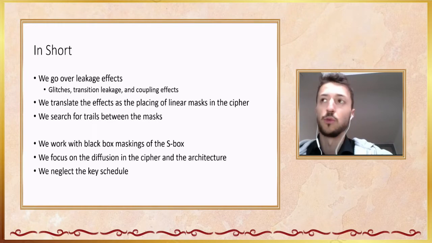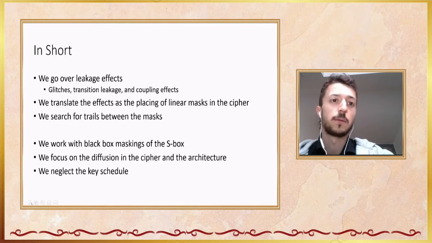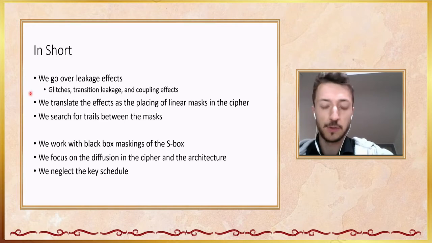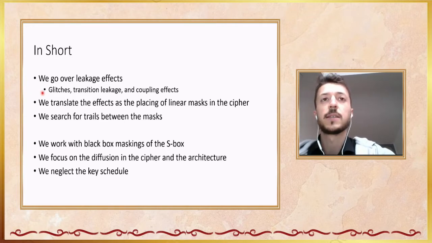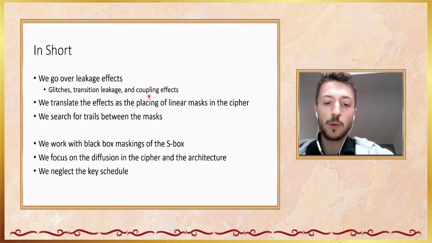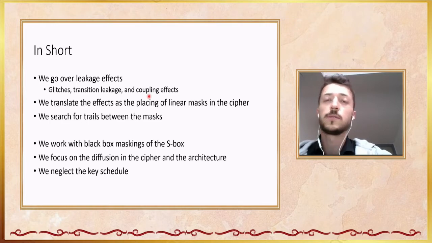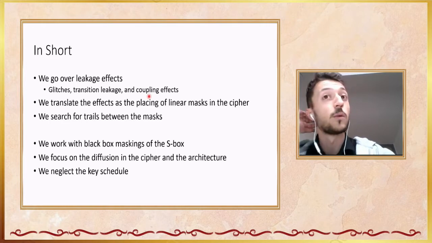This is about proving the security of certain maskings, but taking into account more advanced leakage effects, that means effects that we know from the work in CHES 2018, effects that work in hardware, like glitches, transition leakage, or coupling effects. The idea is we want to show that a masking is going to be secure against all of these effects, and we're going to do this via linear cryptanalytic ways.